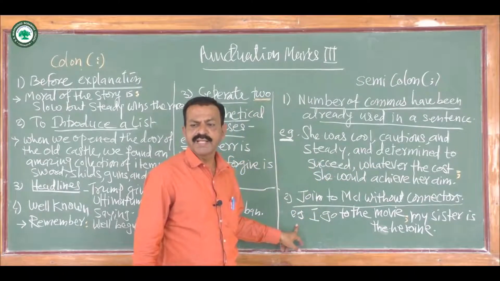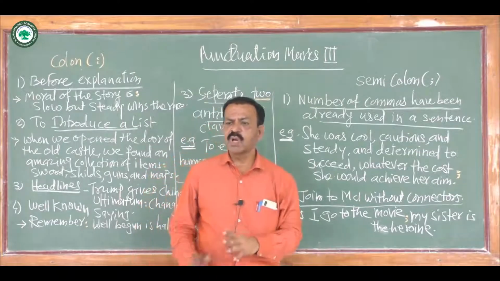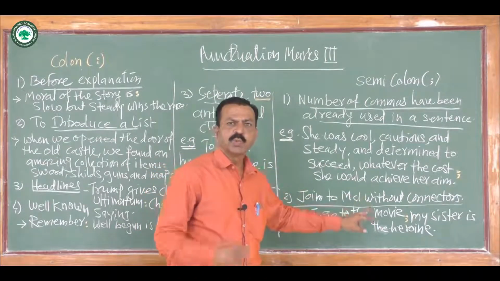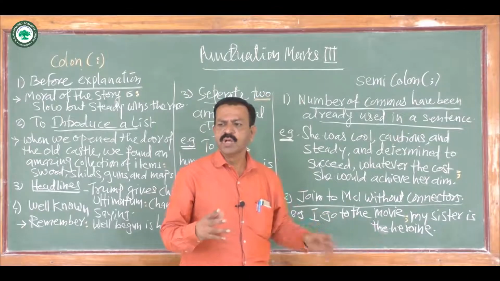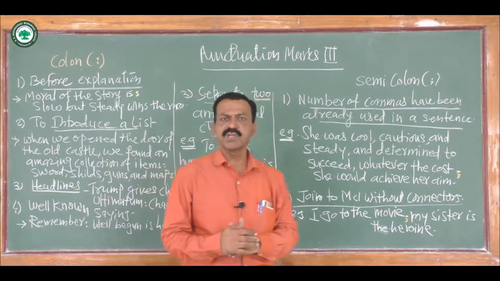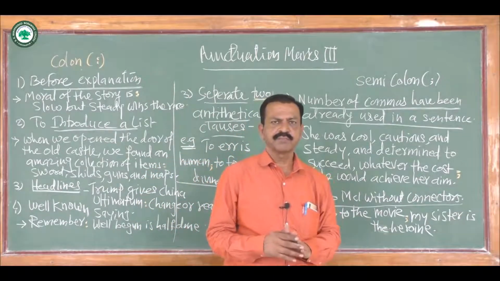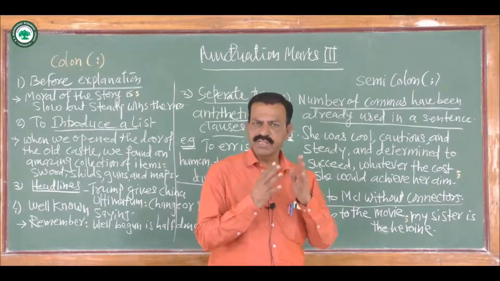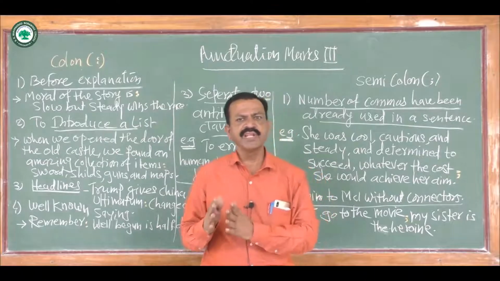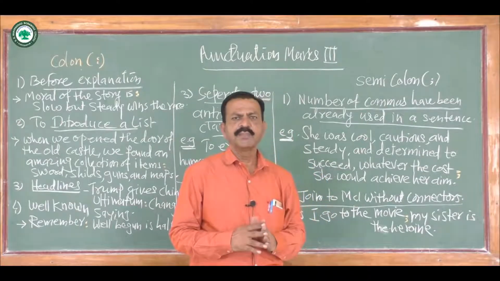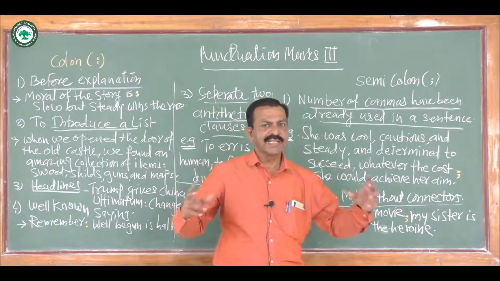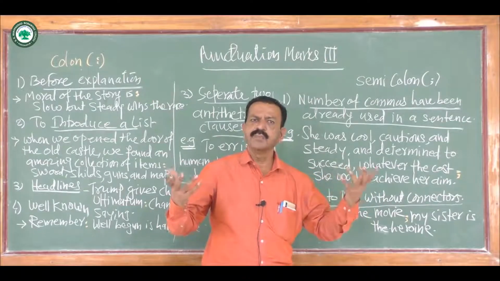Now I come to the second use of semicolon. Semicolon is used to join two or more than two clauses, especially main clauses, because clauses are of two types: main clause, also known as principal clause, and subordinate clause. Here I am talking about the main clause or the principal clause.